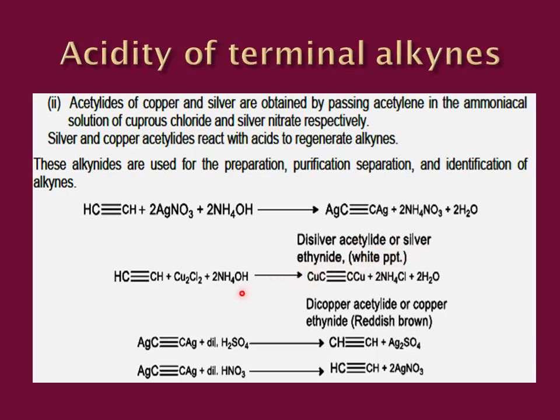It is going to give you dicopper acetylide or copper ethynide, which gives reddish brown precipitates. When we treat these acetylides with any acid like sulfuric acid or nitric acid, it is going to yield the respective alkynes from which they were prepared.